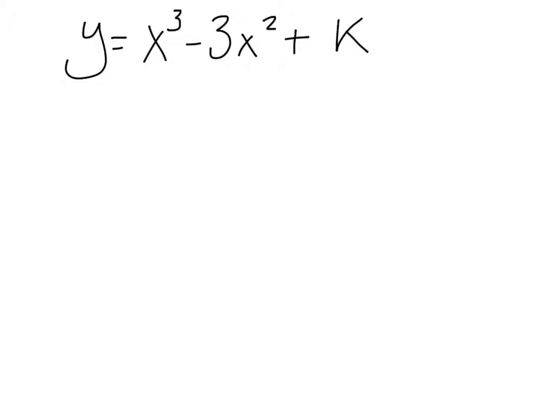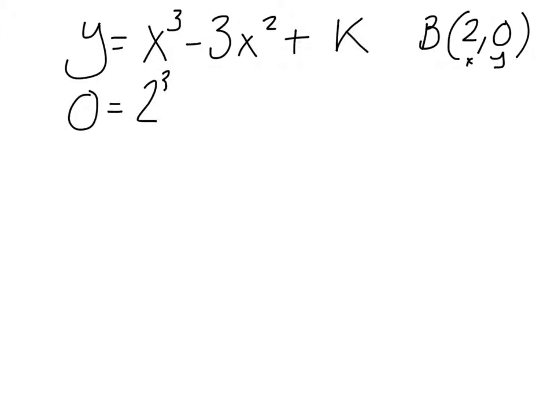So what we have now is we have a point lying on the curve. We now have the point B, which was 2, 0. So we can substitute the x and the y value in order to find k. So y is 0 when x is 2, so that's 2 cubed minus 3 times 2 squared plus k.